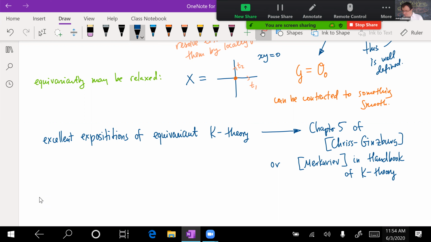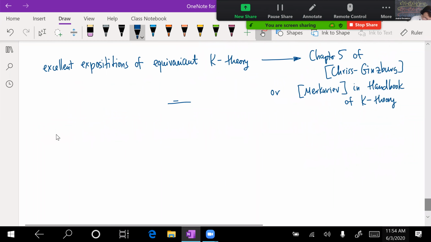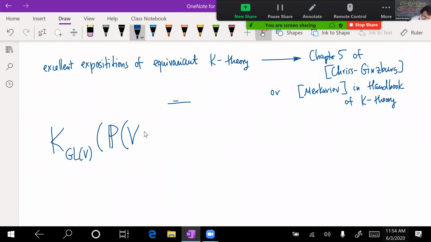Let's see, I have 6 minutes left. So maybe we'll at least illustrate some very important ideas. We'll start this computation. We'd like the GL(V) equivariant K theory of the projective space associated to V. So this we would like to compute.